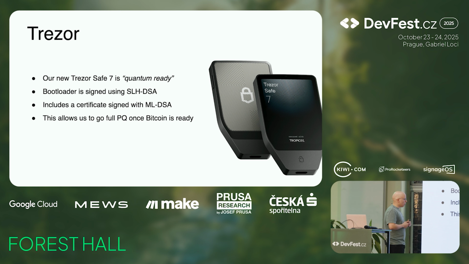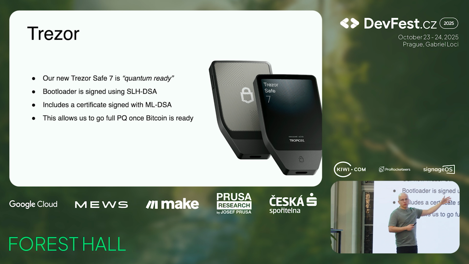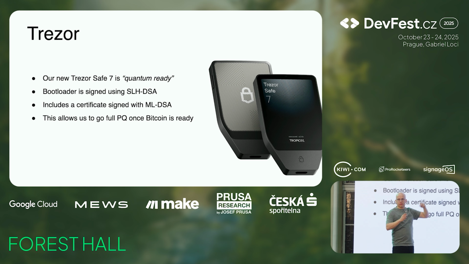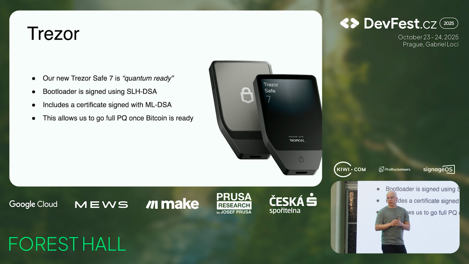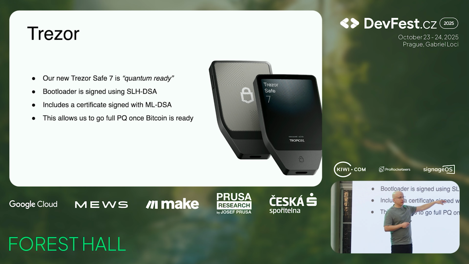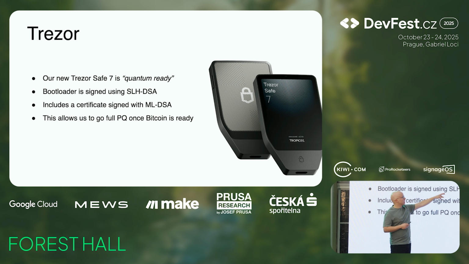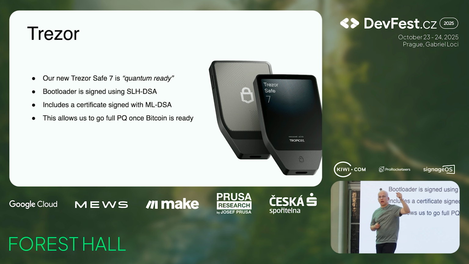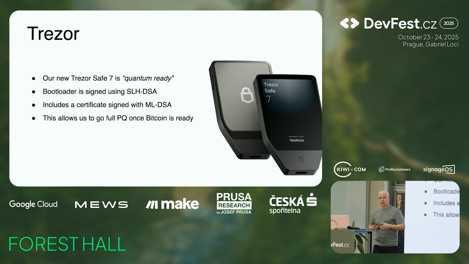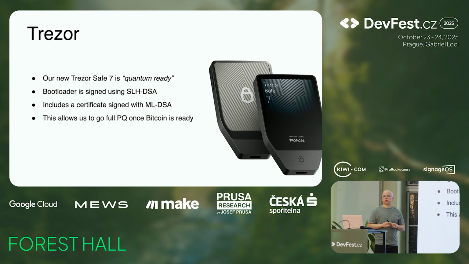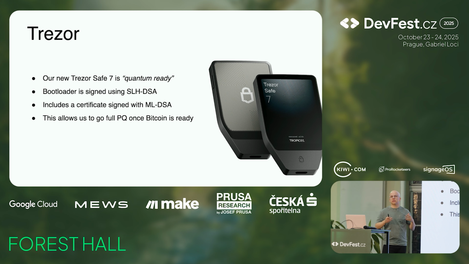Again, you might be wondering why there are two. Just remember the green and red table that I shared. They have different properties. For example, SLH-DSA takes a really long time to generate the signature. But that's OK for us because we sign the bootloader, and we release a new bootloader twice a year or something like that.